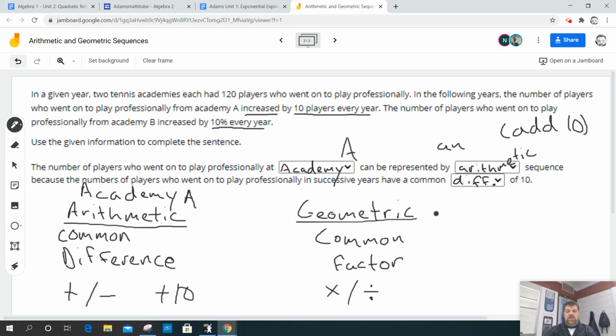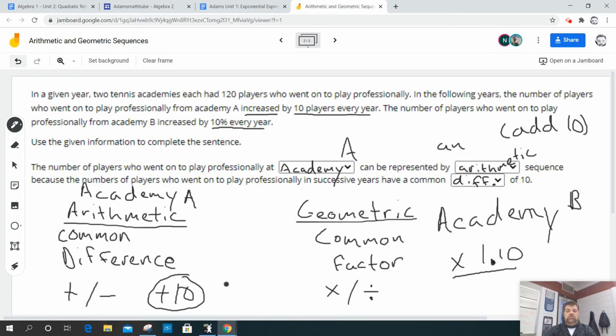Whereas Academy B, because we're increasing by 10%, we're multiplying by 1.10, because you get 100% of the original plus the 10%. So this is the common factor, where this is the common difference. Okay? We're multiplying by 1.10, and over here we're adding 10. That's the difference between the two.